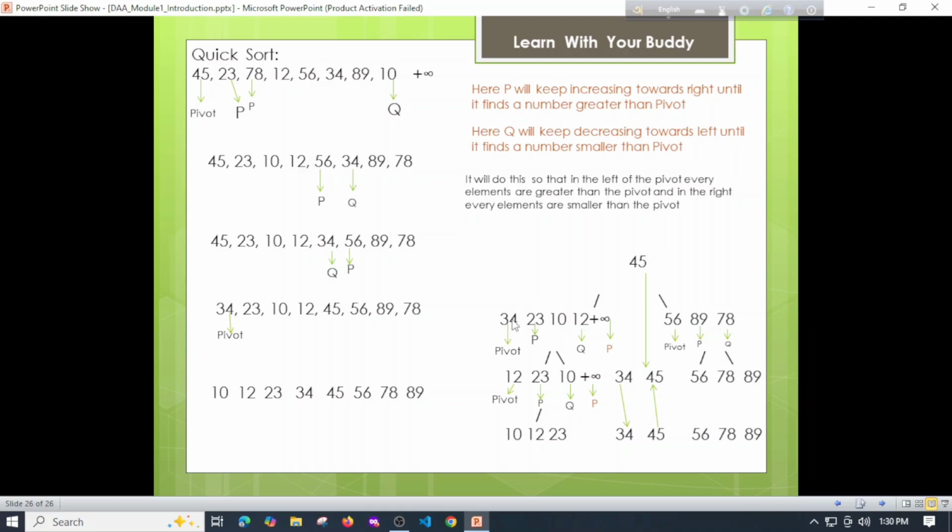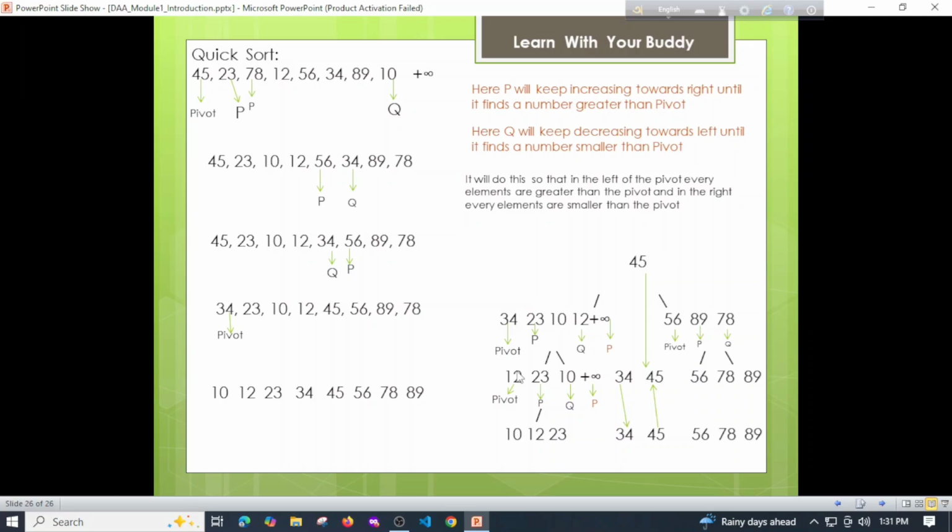And here, Q will cross P, as we can see. So now the pivot will take the place of Q. I have kept one rule in mind: if Q crosses P, then we exchange the place of Q with the pivot.